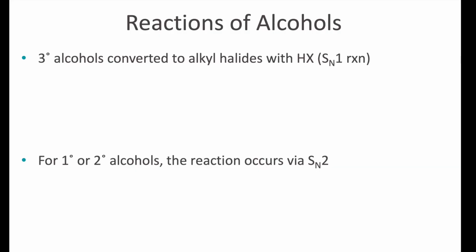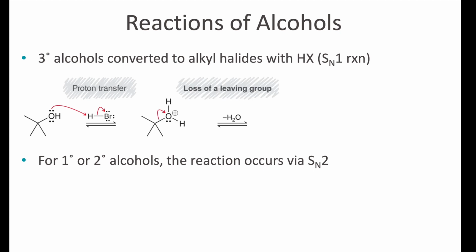And like in the previous videos, we will start this discussion by reviewing some of the things learned from a previous chapter. As you may recall, tertiary alcohols can be turned into alkyl halides in an SN1 fashion. And so let's quickly review that. If you add in HBr, it will do a proton transfer, giving you your oxonium ion intermediate.